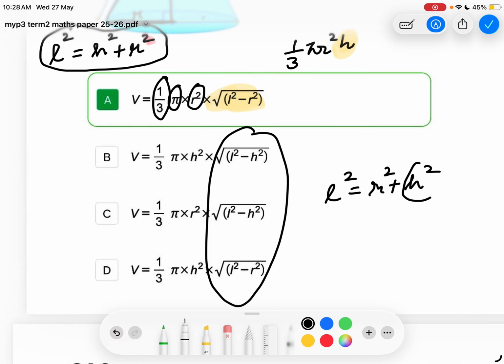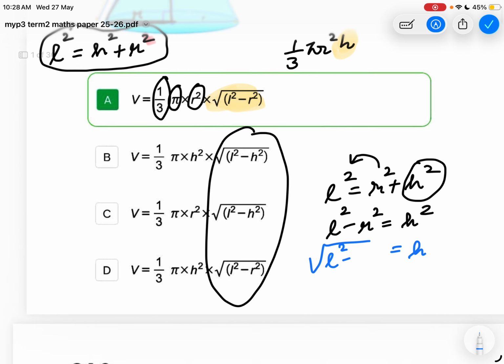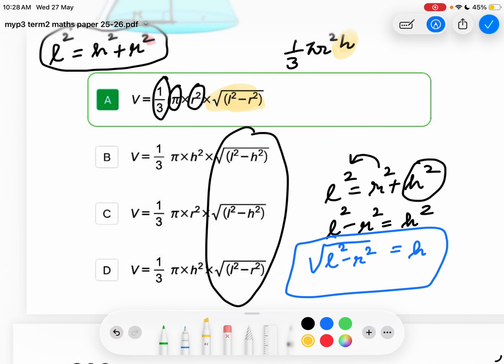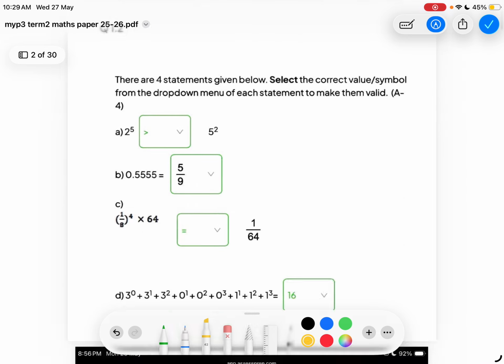So if I have to calculate h square, this r square will go over there because it is getting added, and over there it will get subtracted. So h square is L square minus r square. So h will be equal to root of L square minus r square. Which option is this? It's A part.